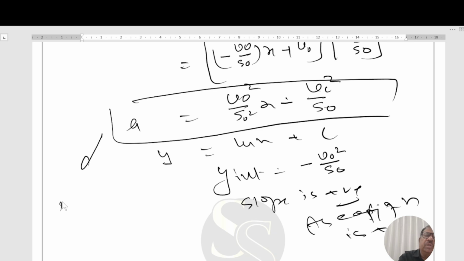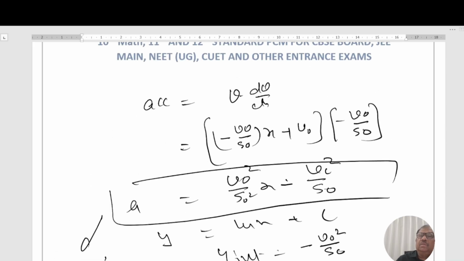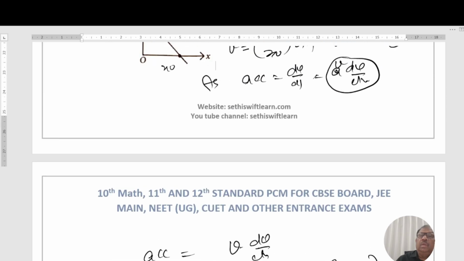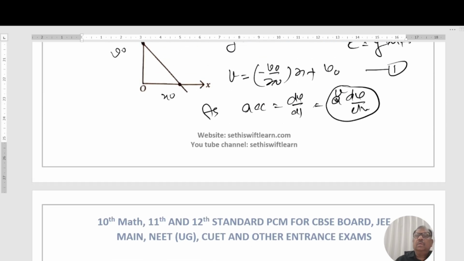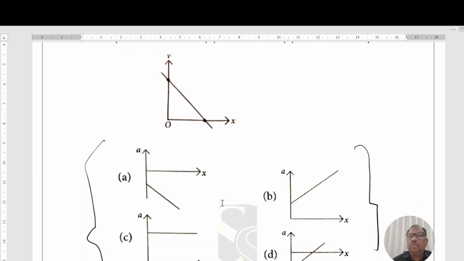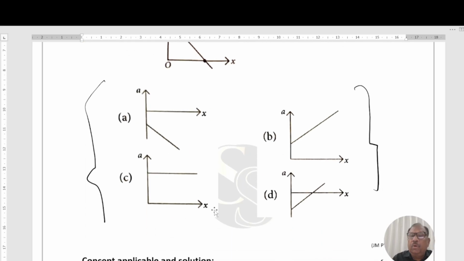This is the equation of a straight line. Y-intercept is negative, slope positive. Let's check the answer. This comes out to be slope positive and y-intercept negative. D is the correct answer.